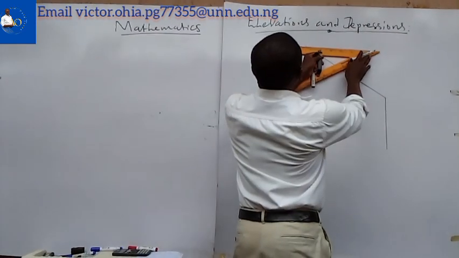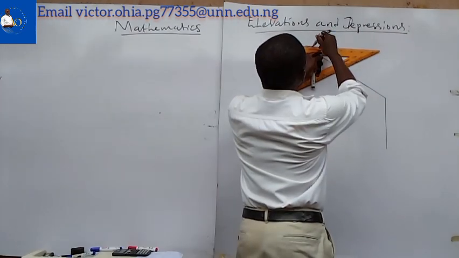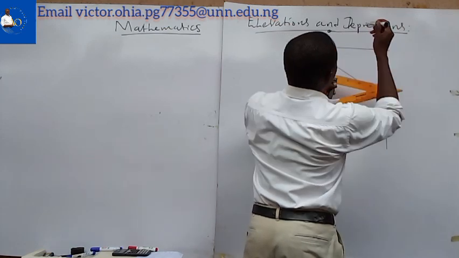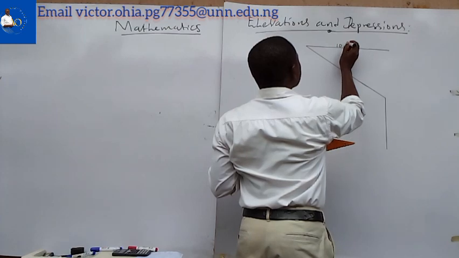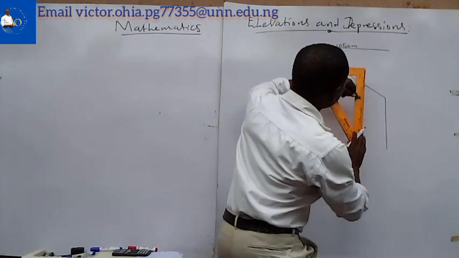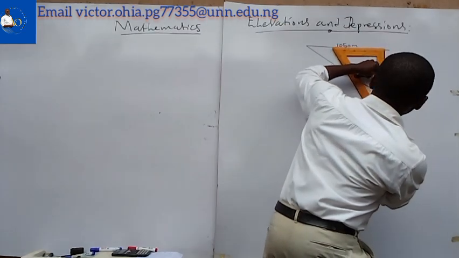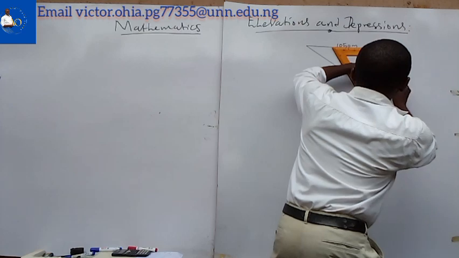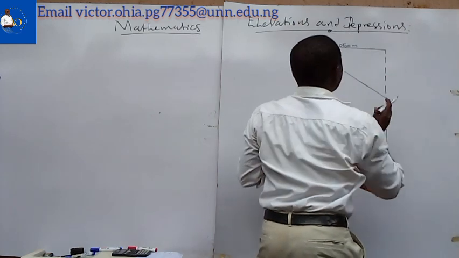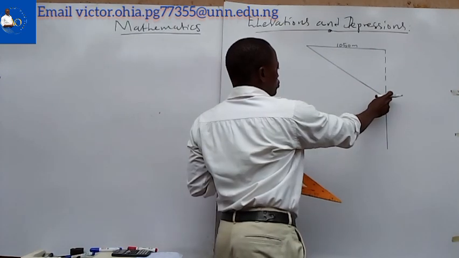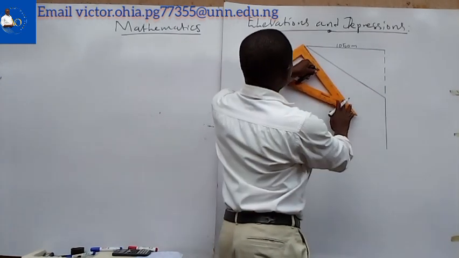So something is going to be the horizontal line they are talking about. That is 1050 meters. Okay, so can I have something like this? All right. So this man is looking at the top and bottom of this control tower.